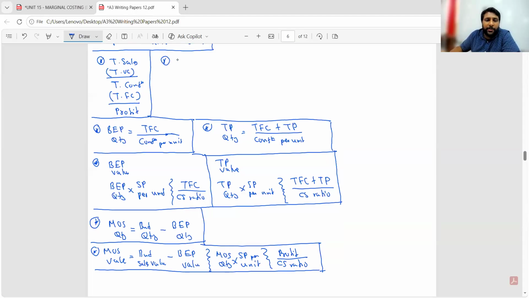Tell me the CS ratio: C divided by S. Variable cost per unit: the difference between the total cost divided by the difference between the number of units or the quantity.